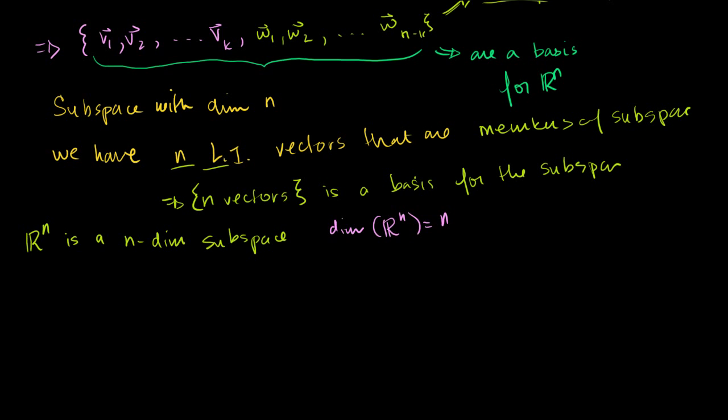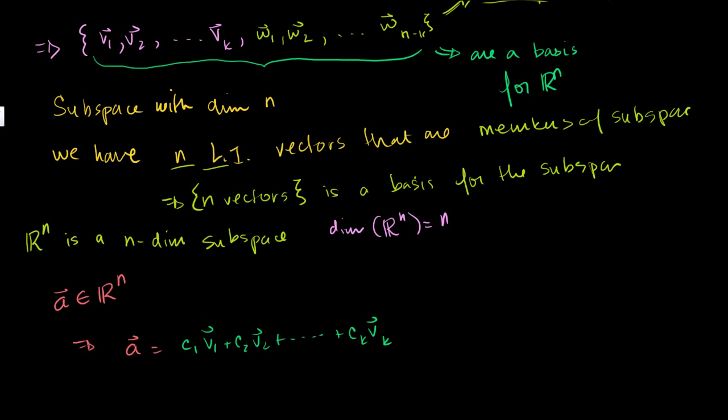Let's say A is a member of Rn, some vector. That means, since this is a basis for Rn, that A can be represented as some linear combination of all of these guys. So it can be represented as c1 times v1 plus c2 times v2 plus all the way to plus ck times vk.